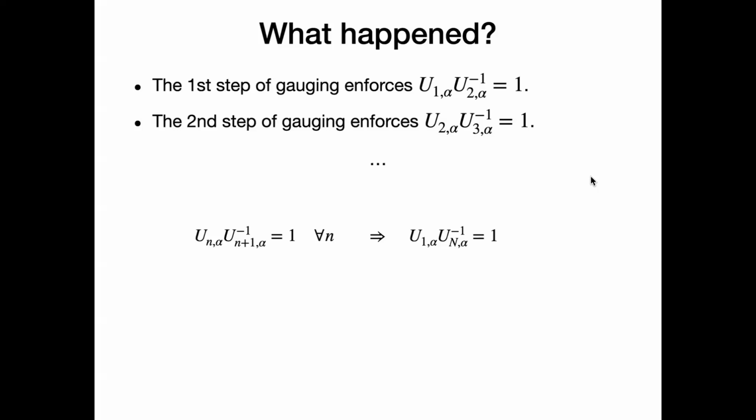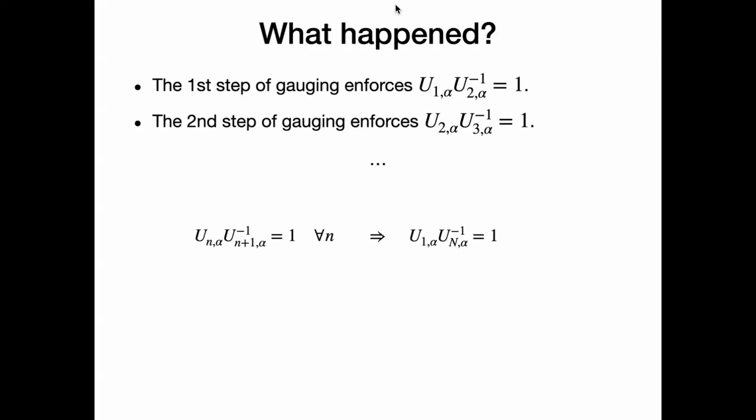And there are apparently different ways of drawing the links, which give you different ways of introducing gauge fields. But my conjecture is that these different ways of gauging give you equivalent topological orders. I tested this in some examples, but again, I don't have a rigorous proof.